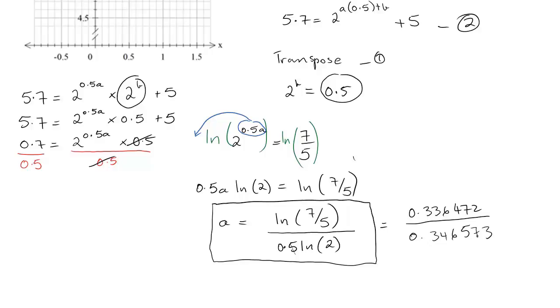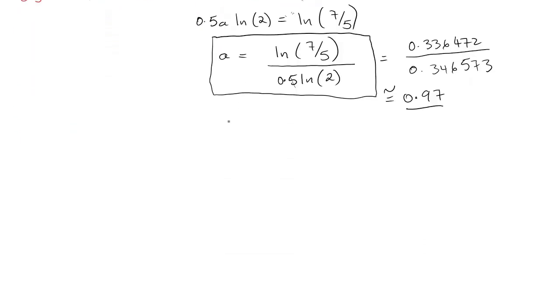If we divide those two numbers by one another, of course, you can also just solve this on your calculator, on your CAS. I'm just showing you how to do it the long way. So you get 0.97. That's correct to 2 decimal places. That's an approximation.